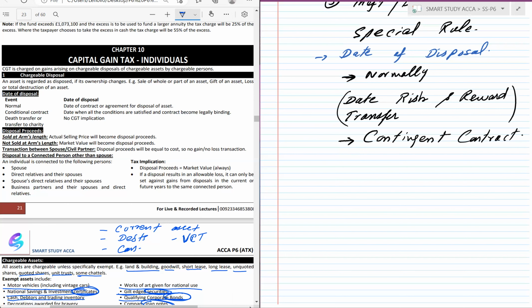So if all the conditions are satisfied, only in that case contract will become legally binding. Otherwise, it is not a legally binding agreement. So in case of contingent contracts, it will become legally binding when all the conditions are satisfied, and that date will be date of disposal.